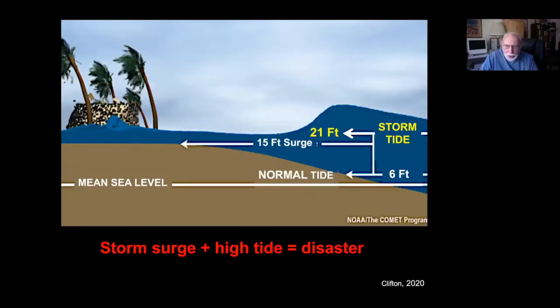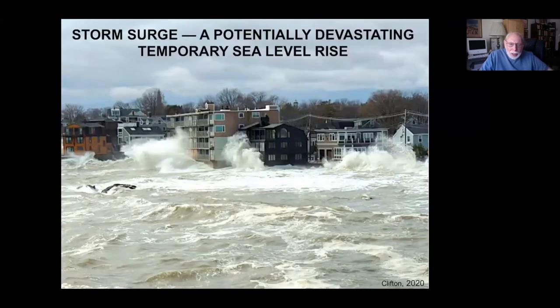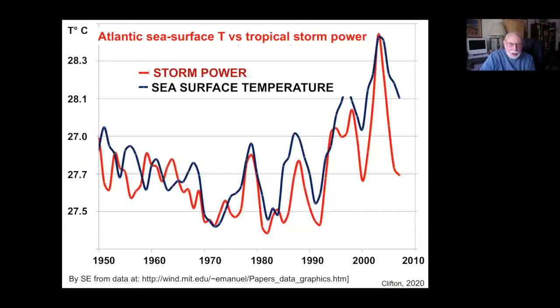And these can be significant tides, storm tides, superimposed on a normal high tide, can flood a lot of area and create a lot of damage. So the storm surges can be really very, very nasty.